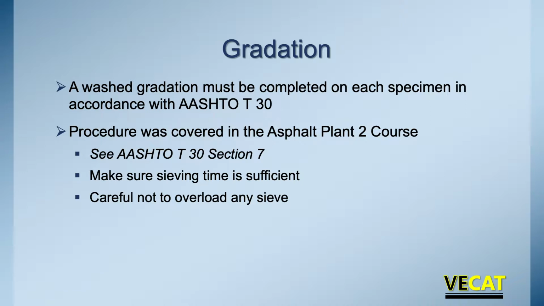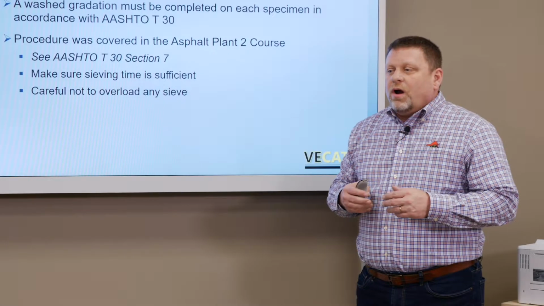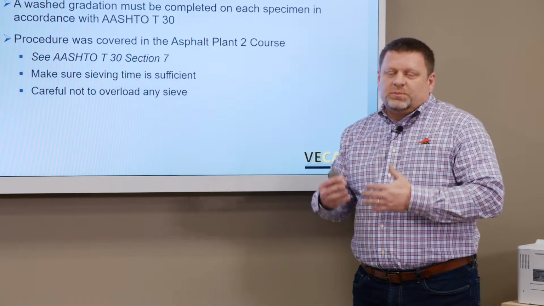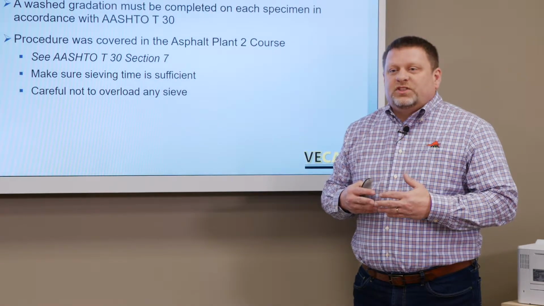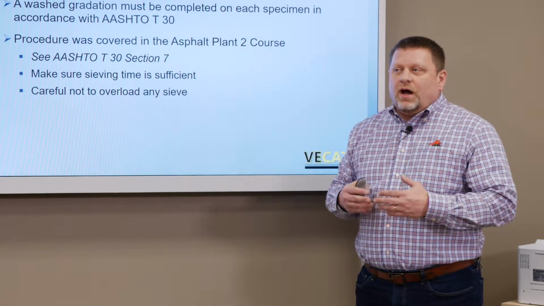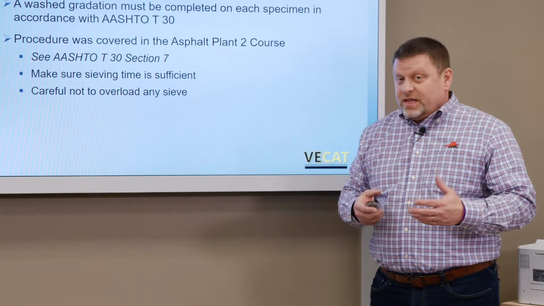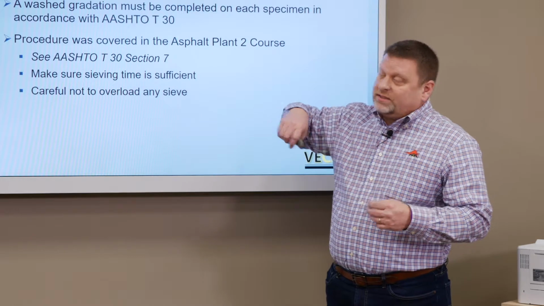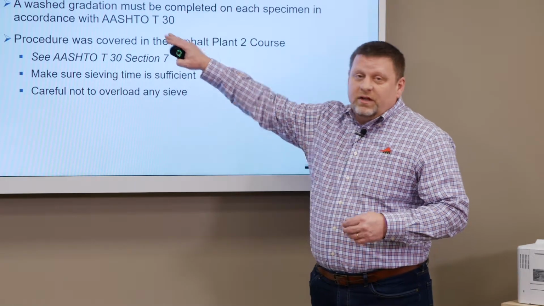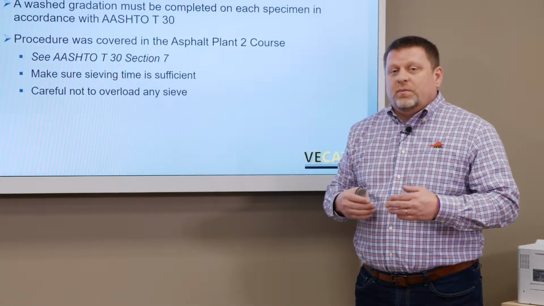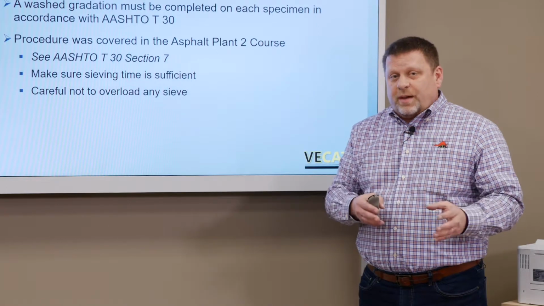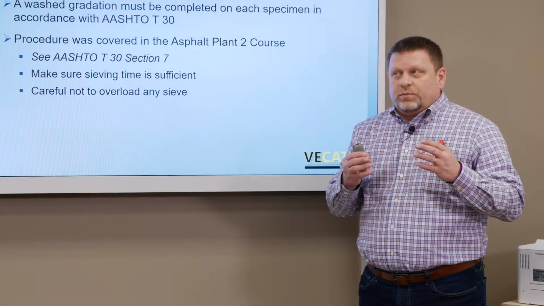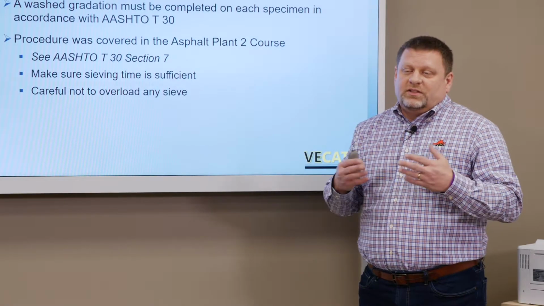When I talk about your sieving time being sufficient, we're all programmed to sieve for 10 minutes, but not all sieving apparatuses are the same. There is a process in AASHTO T30 that explains how you determine for your particular sieving apparatus if you're performing a sufficient enough sieving time.